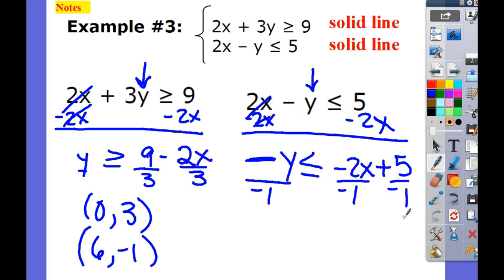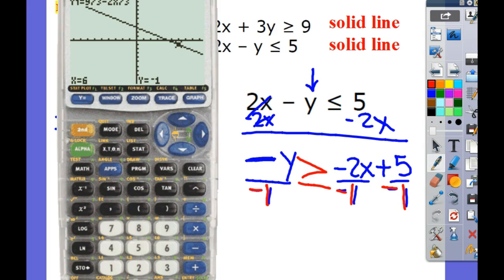Now, there's one special rule that goes with inequalities. Do you remember that from when we did it before? When you multiply or divide by a negative number, you have to change the less than sign to a greater than sign.